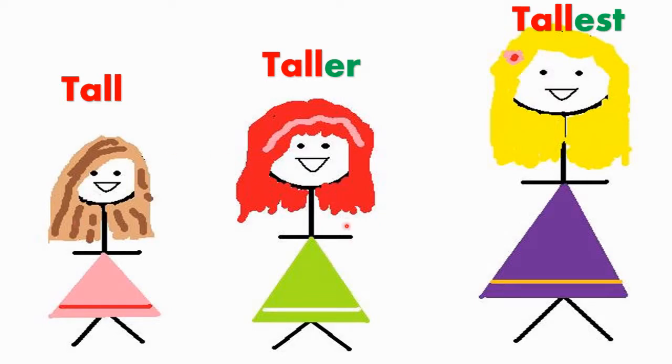And the third girl is the tallest compared to the first and second. It means the third girl is the tallest among the first and second girl.